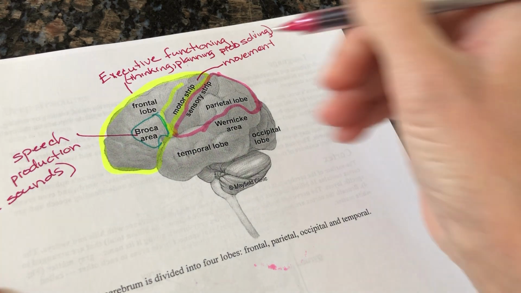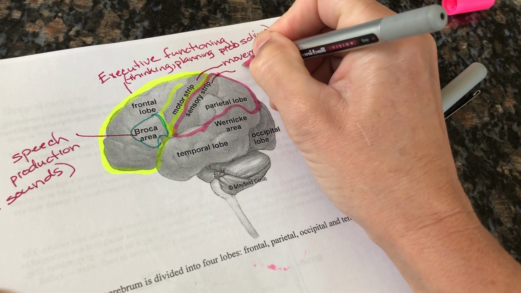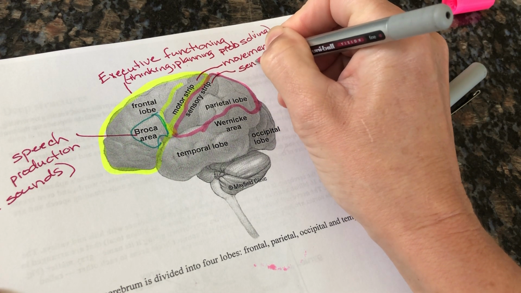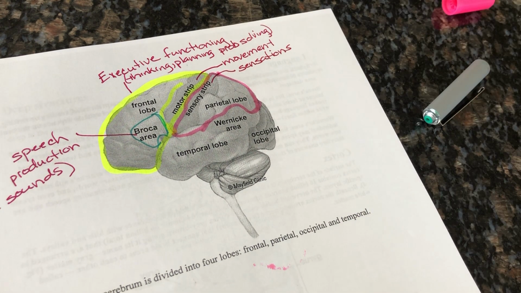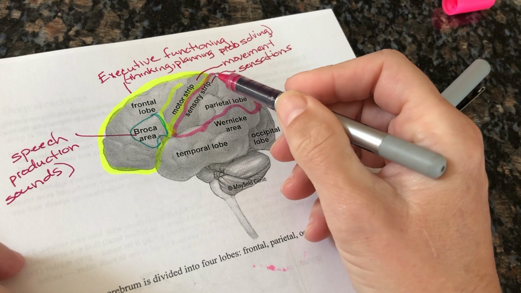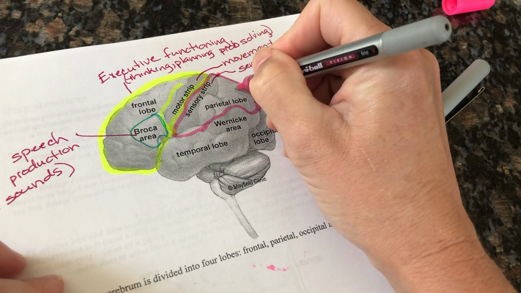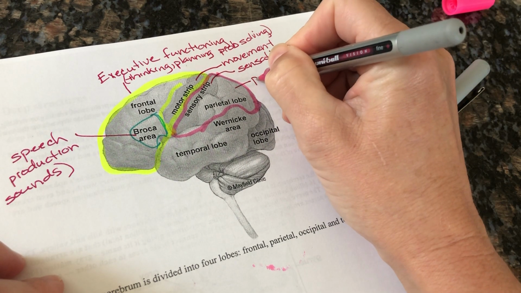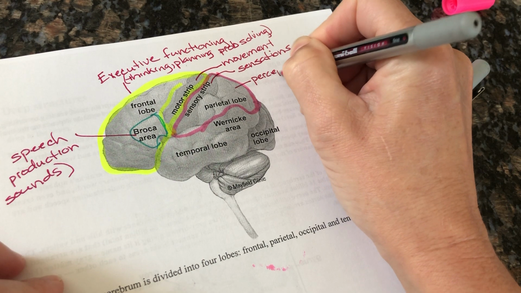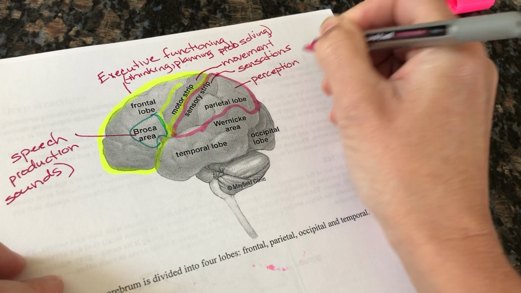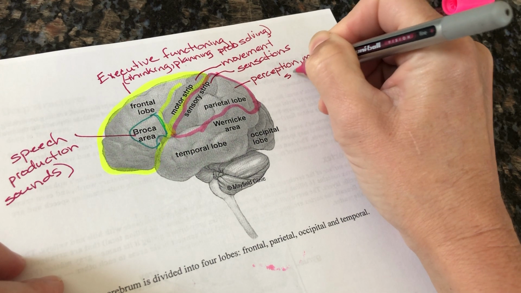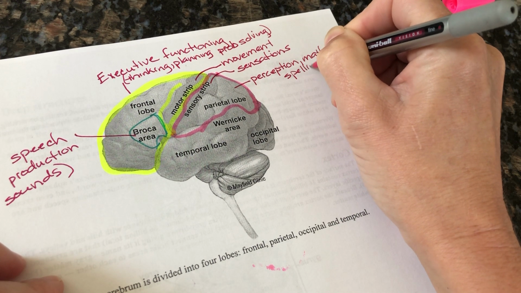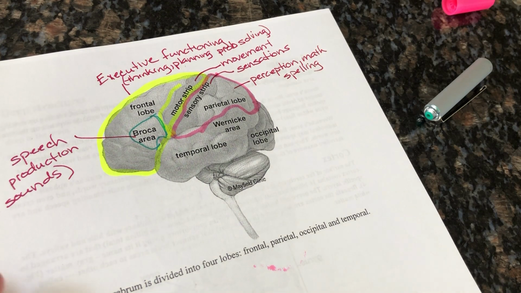Sensory strip, go figure, takes care of your sensations, your senses. A lot of your information from every part of your body is being sent right here to the sensory strip. The parietal lobe is really involved in your perception, okay? So perception of yourself in an environment, math, and spelling. They know that those things are taken care of in that area.